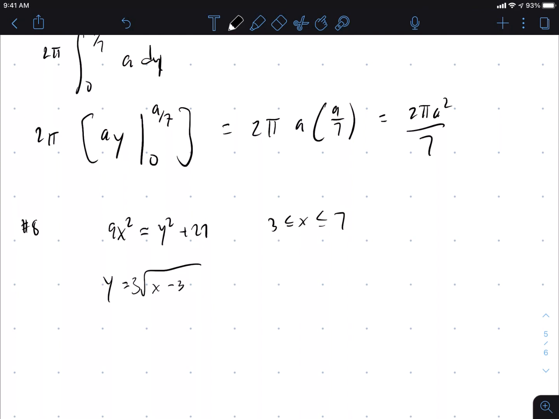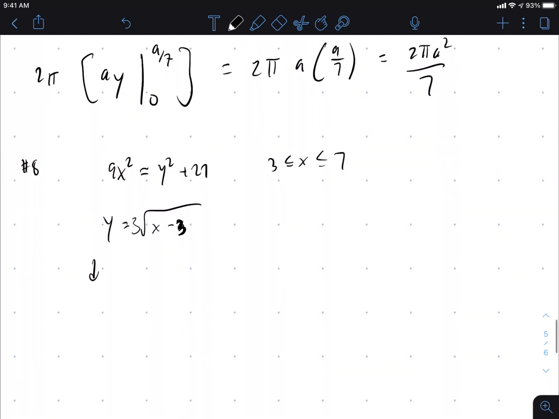You're okay with that? Okay, so then from there the derivative of this, because this is what I want to play with, is going to be 3 over 2 times (x minus 3) to the negative 1/2.